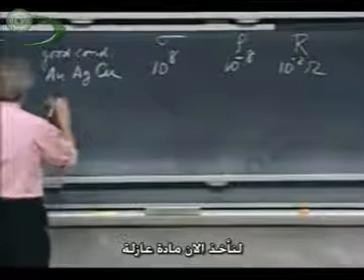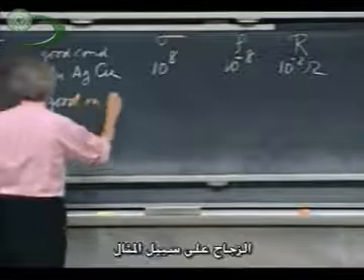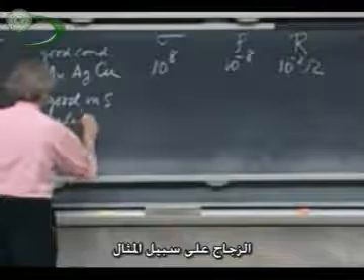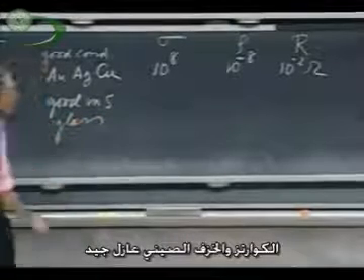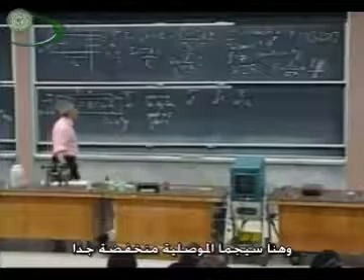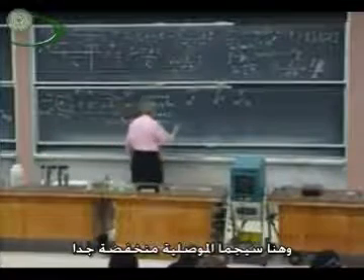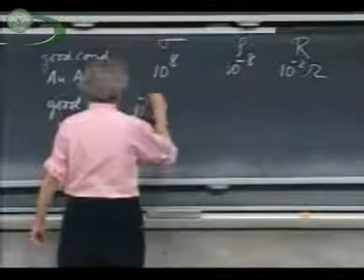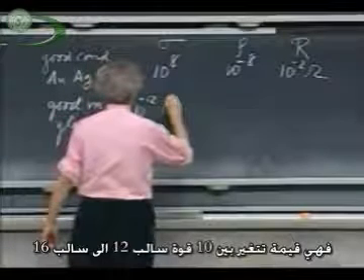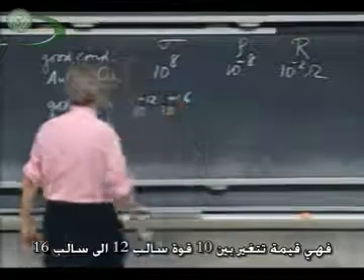Let's now take a very good insulator. Glass is an example. Quartz, porcelain, very good insulators. Now sigma, the conductivity, is extremely low. They vary somewhere from 10 to the minus 12 to 10 to the minus 16.